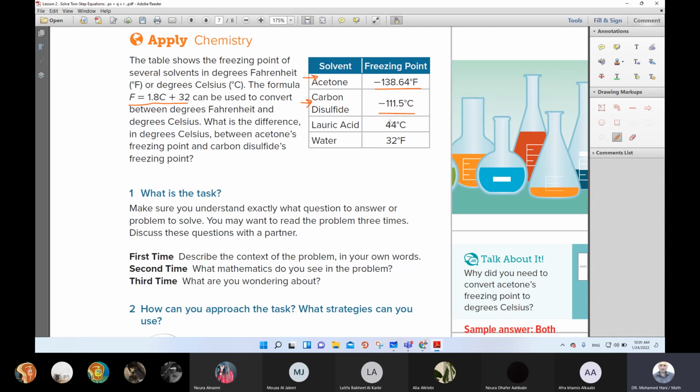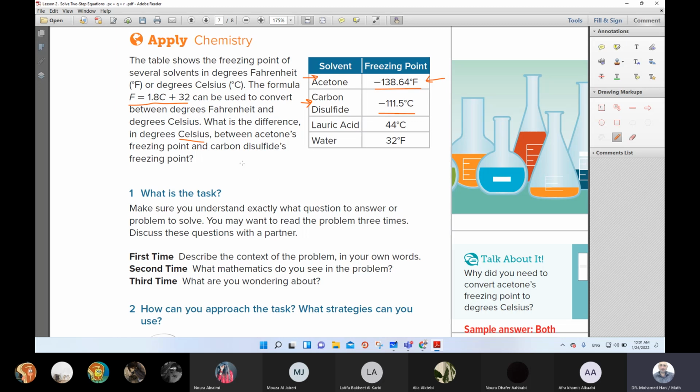And we want to know what is the difference in degrees Celsius. But here you have it in Fahrenheit, so we must change it to Celsius, then we can find the difference between them. How to change this to Celsius? Using the equation.